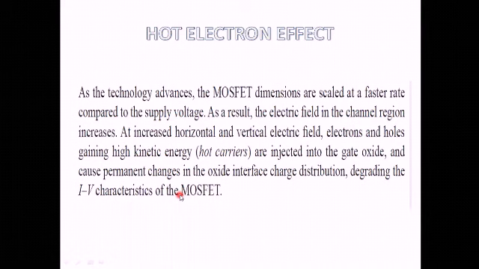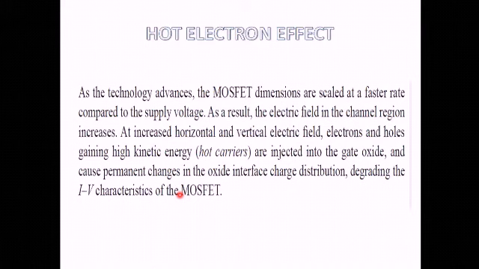So you can see there are permanent changes in the oxide interface which cause the degrading of the IV characteristics of the MOSFET. Our main objective is to get good IV characteristics of the MOSFET, but this degrades them. So this was the hot electron effect, which arises due to the increased horizontal and vertical electric fields, which also increase the number of electrons and holes of high kinetic energy.